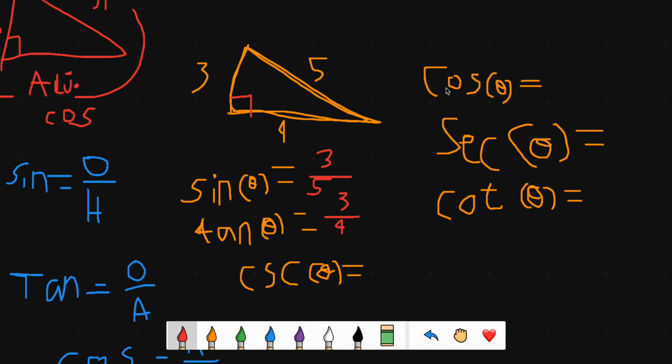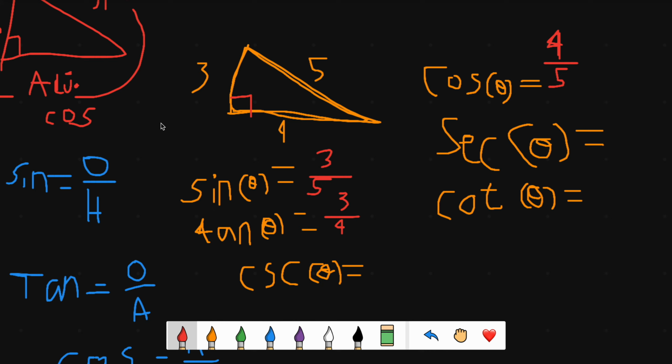So it's 4/5. That's the cosine. So you have 3/5, 3/4, and 4/5.